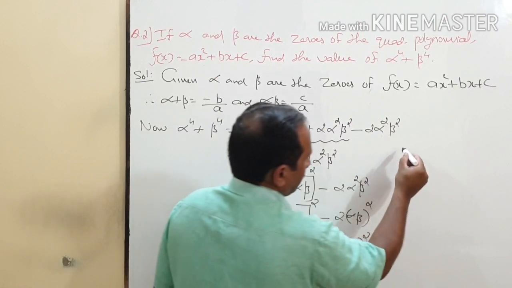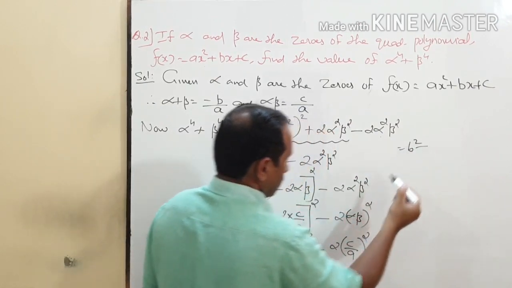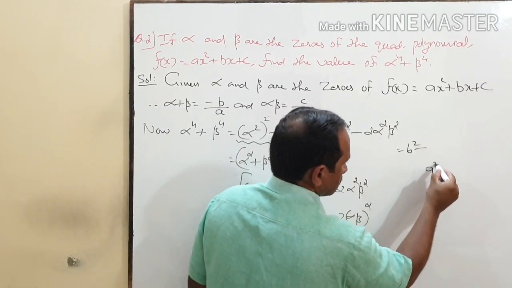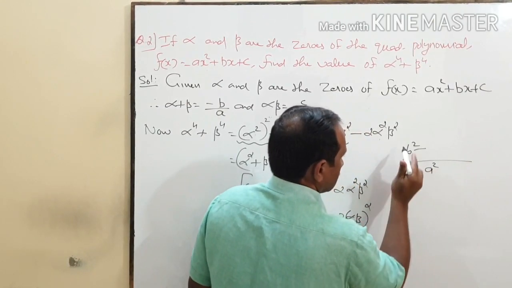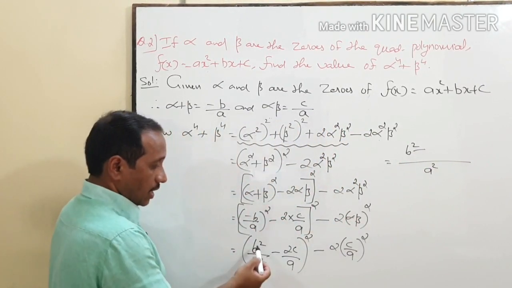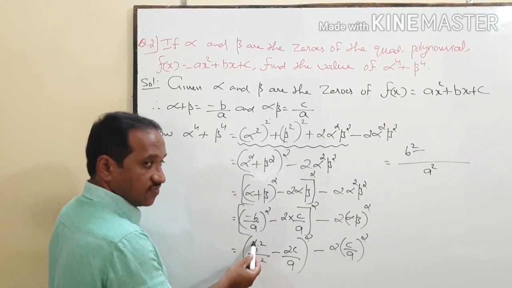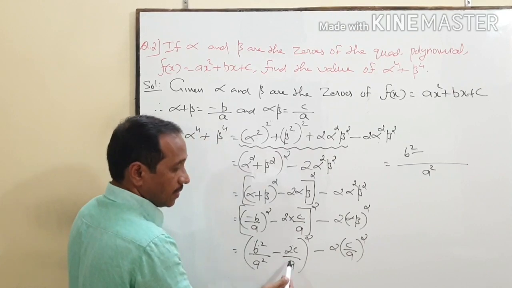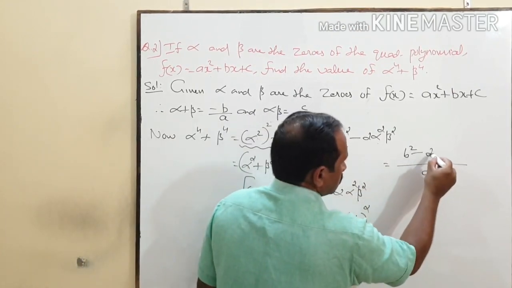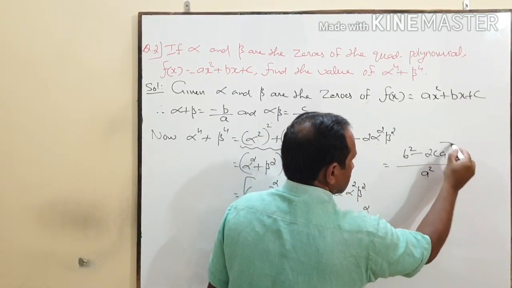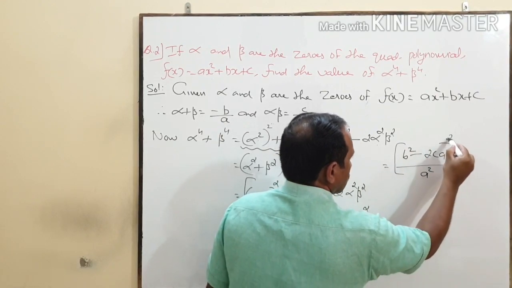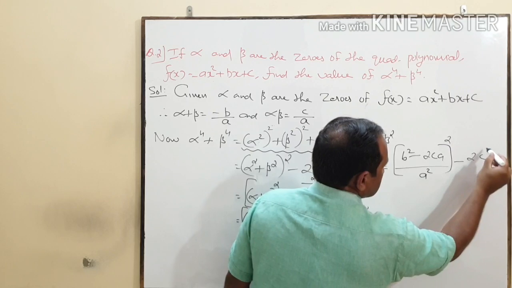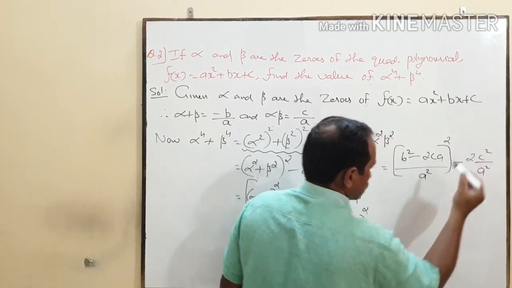So the LCM of a square and a is a square. If you multiply this term with the LCM we get b square minus, multiplying by a square, 2ca the whole square, minus 2 c square by a square.